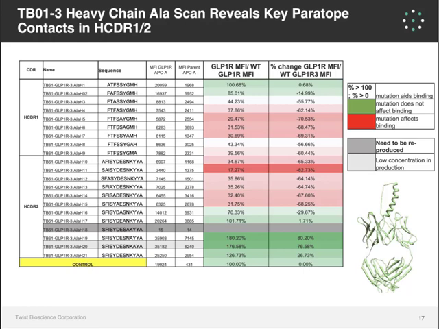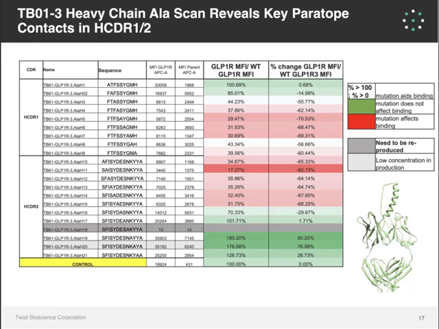We did an alanine scan through heavy chain CDR1 and 2, and light chain CDR1, 2, and 3, to understand the contribution of each residue to the overall binding. We found some dramatic contributions from some of the other loops.